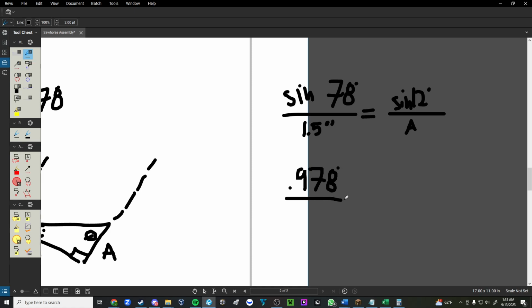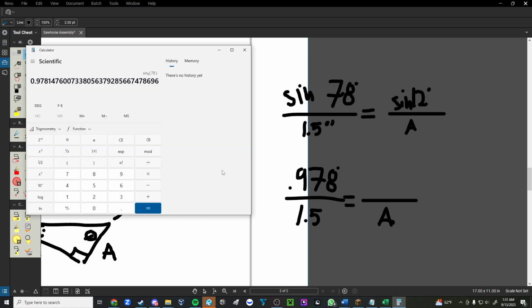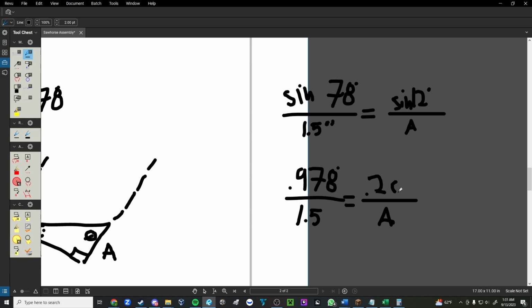Over 1.5. And then we're going to find the sine of 12 over A. Sine of 12 is 0.208.